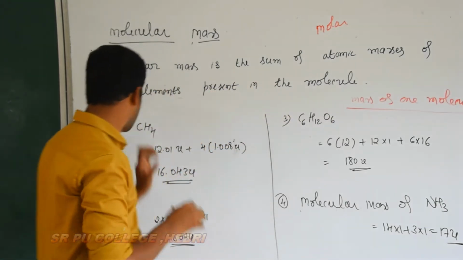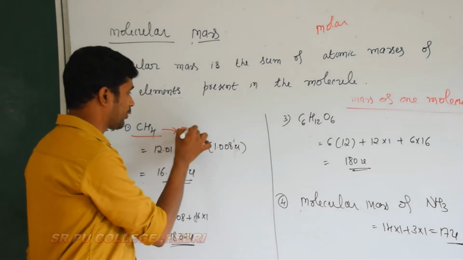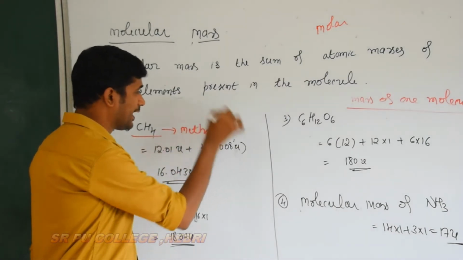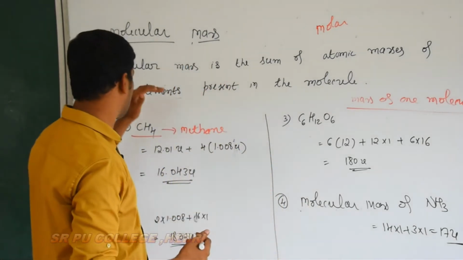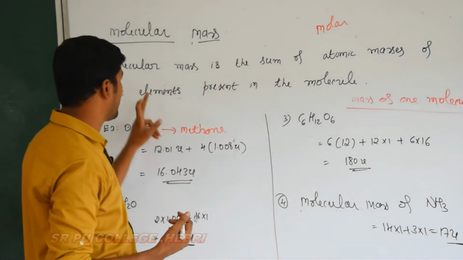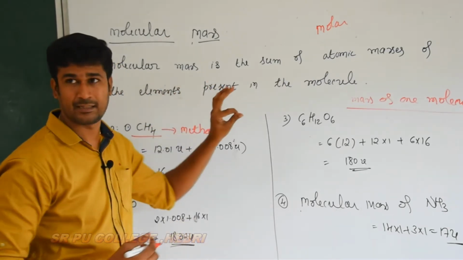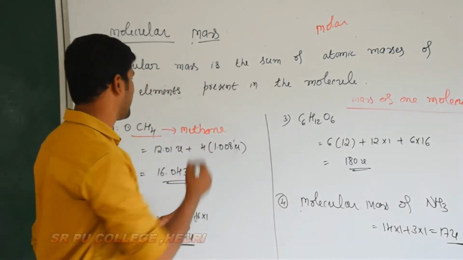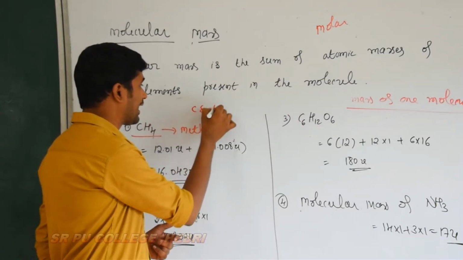Here, one simple example is given. CH4, this is called methane, a hydrocarbon. Its molecular formula is CH4. What is its molecular mass? Molecular mass is nothing but the sum of atomic masses of all the elements present in the molecule. Here we have two elements, carbon and hydrogen.